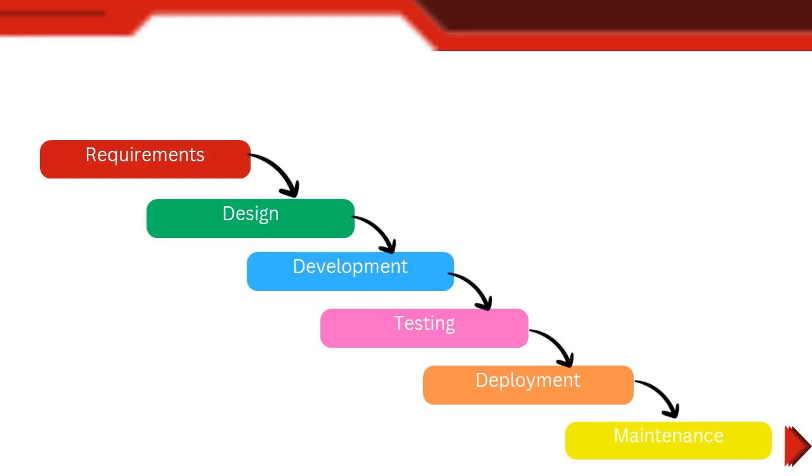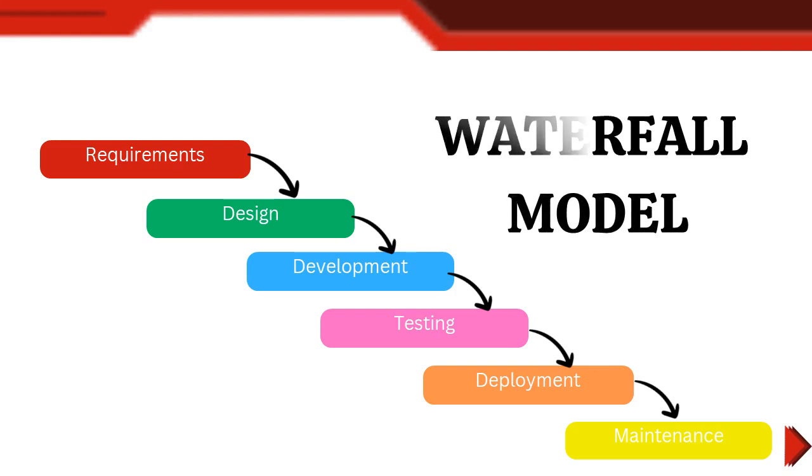In our last video, we learned about the software development life cycle and its key stages. Today, we are diving into one of the most traditional SDLC models, the Waterfall Model. Have you ever wondered how software projects were built step by step in a strict sequence?